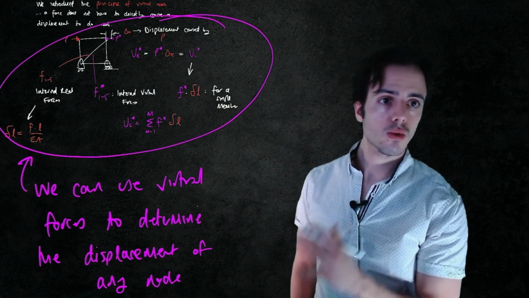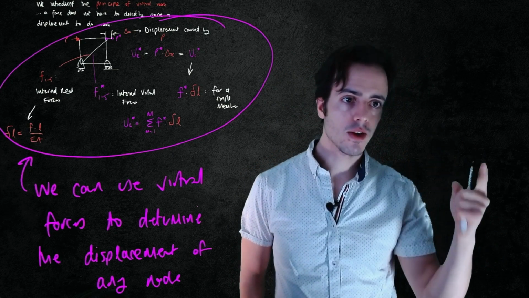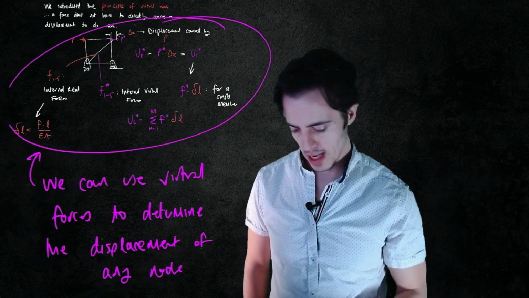Because all we've got to do when we want to find out a displacement is put a placeholder virtual force in the direction that we want to find out a displacement.